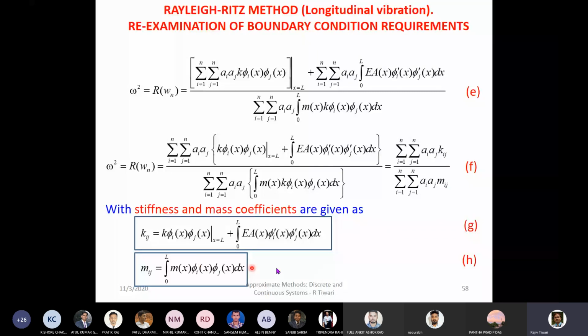As we have taken n number of terms in the solution, we are discretizing the system into an n degree of freedom system, and the corresponding stiffness coefficient and mass coefficient can be obtained by this expression, which will form a matrix now. So we started with the continuous system, but using this, we discretize the system to n degrees of freedom, and the corresponding stiffness and mass coefficients can be estimated from this.